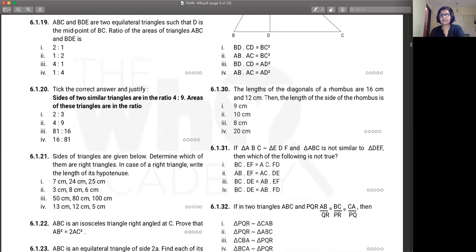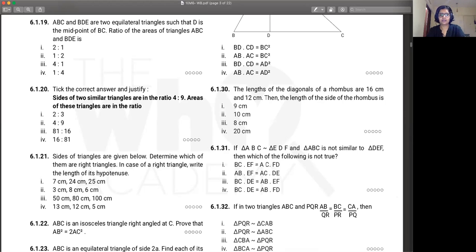How did you get this? Because if the sides are in the ratio 4 is to 9, then the area should be the square. No, just say which theorem or which property you used. The area theorem, because the ratio of areas is equal to the ratio of the squares of the sides. Very good. Yes.